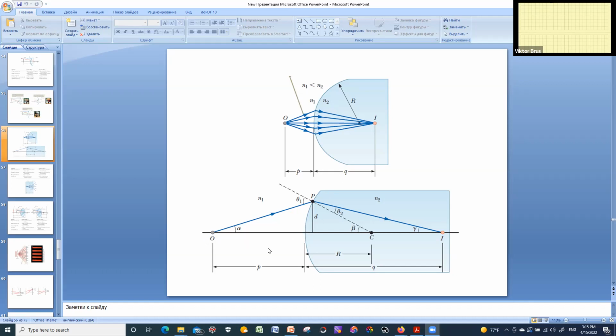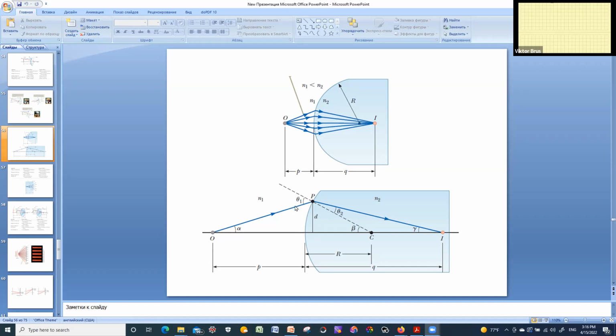So let us assume such a system, which is shown on the bottom part of this slide. We have our main optical axis, the principal optical axis. Then there is some ray which goes from point object O, hits the interface between two mediums, and some portion of this light is refracted, so it goes inside medium number 2.